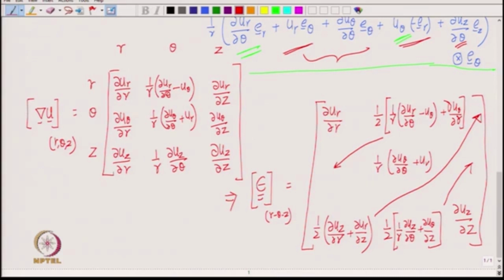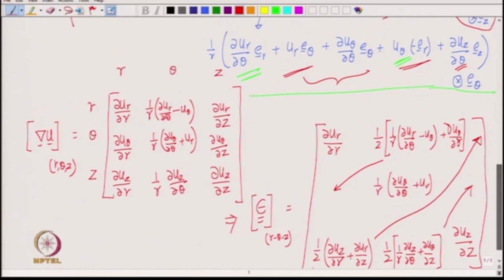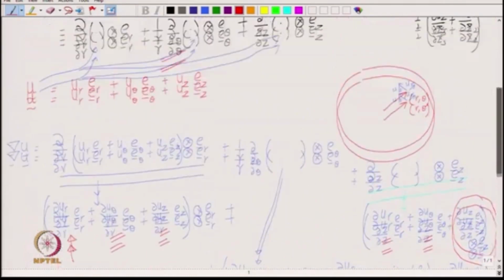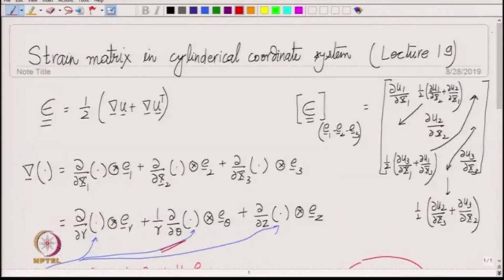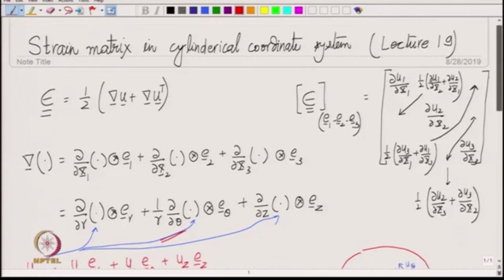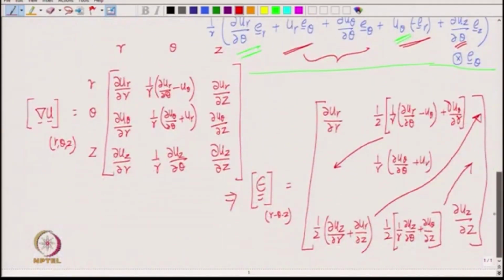And what are the unusual terms over here? So, we have to compare with the strain matrix in the Cartesian coordinate. So, this strain matrix here, the off diagonals, all of them have 2 terms, right. But here in the cylindrical coordinate we have extra terms. So, we can identify them.